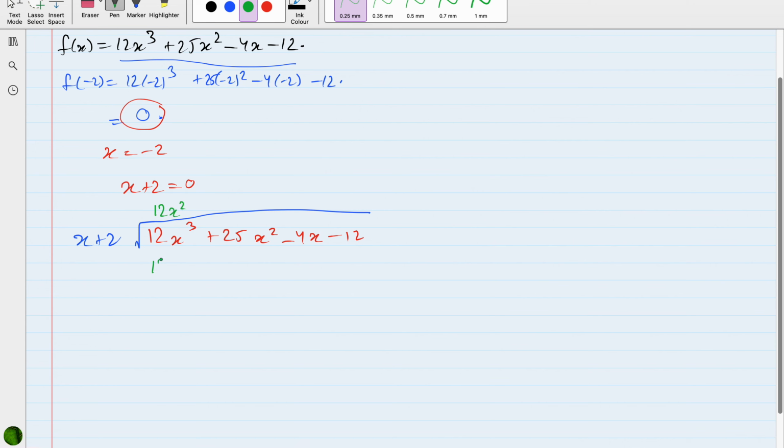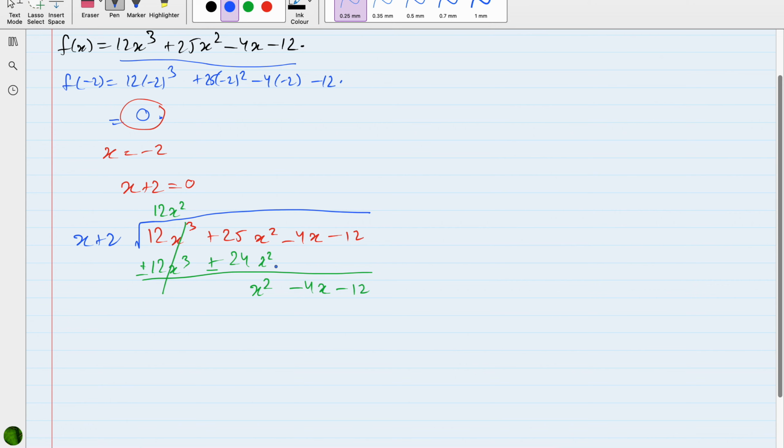So x into 12x square is 12x cube, 2 into 12 is 24x square. Then we change the signs and add them. This is x square minus 4x minus 12.